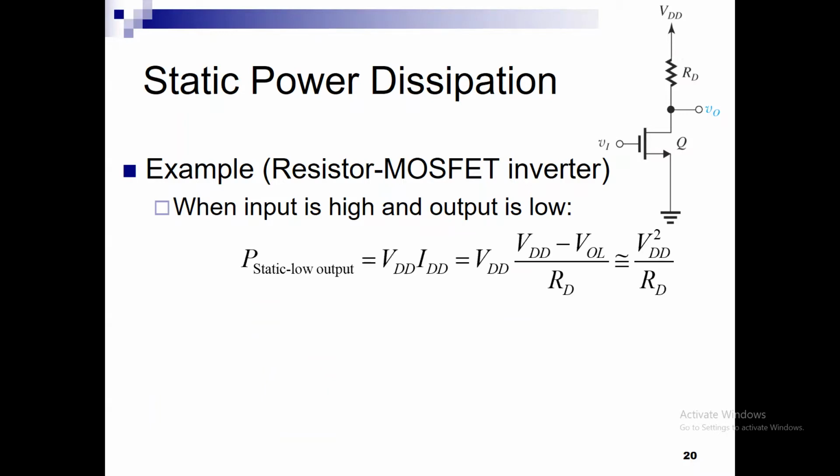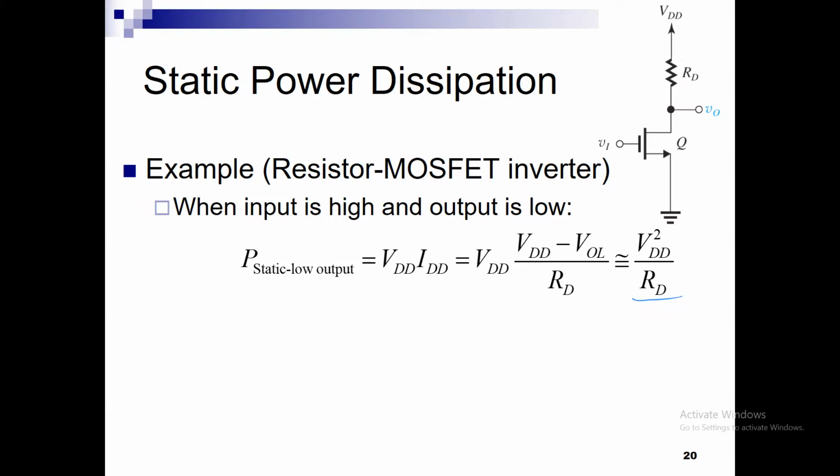If my states are not balanced, if I say I'm 70% input high and 30% input low, then my static power will be 0.7 times this quantity plus 0.3 times 0. Okay, so it is the average, the statistical mean.